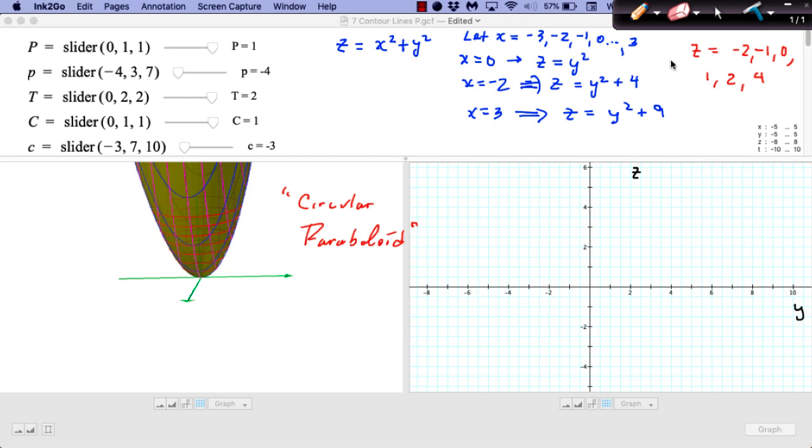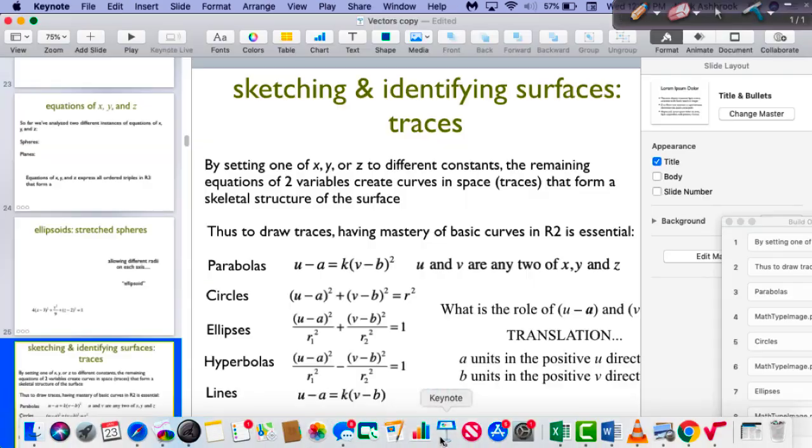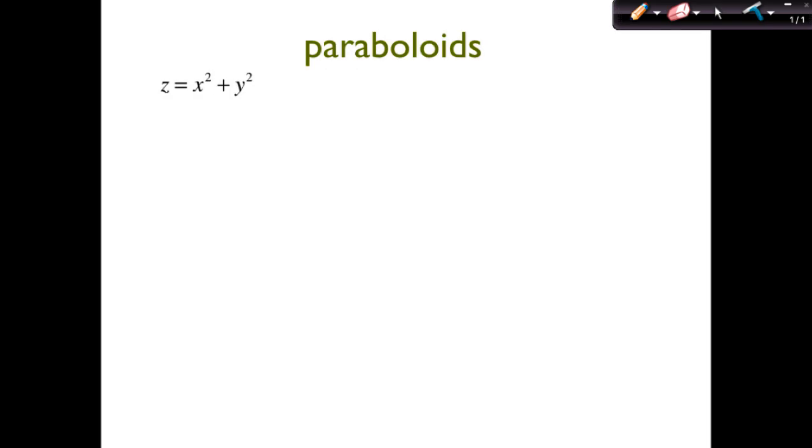Any questions on this example? Okay, so let's summarize paraboloids here and look at some different variations. This is our basic paraboloid, our reference paraboloid, just like y equals x squared was our reference parabola, our baseline.